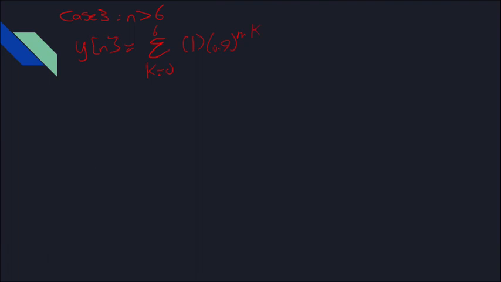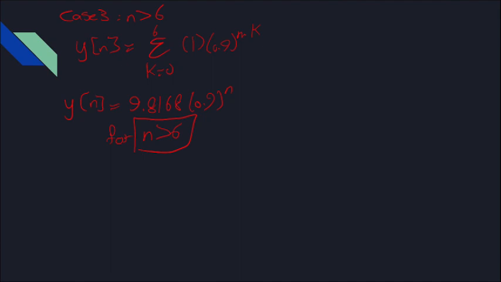Again, we can factor out the term 0.9 to the n, and we get y of n as the final result, 9.8168 times 0.9 to the n for n greater than 6.